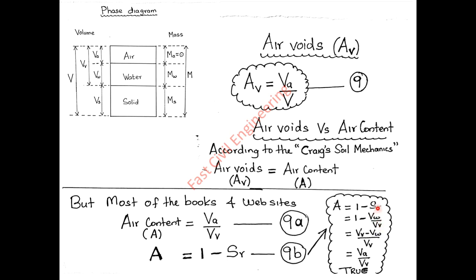That is the definition of SR. Then, volume of voids minus volume of water is equal to volume of air. So this is volume of air over volume of voids. That is the true definition.